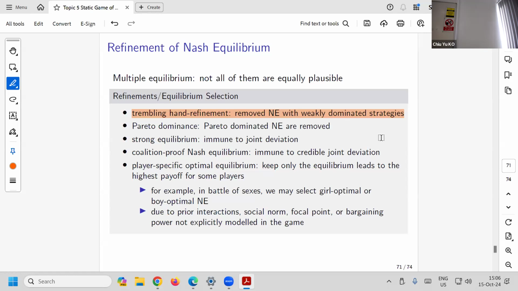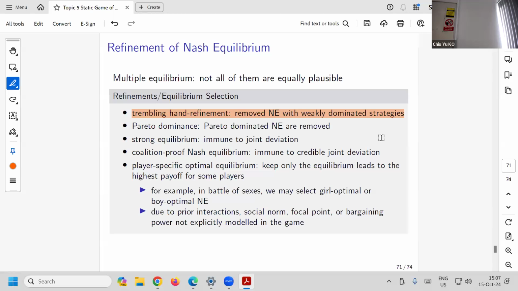If we allow them to sign a binding contract, that is called strong equilibrium: any subset of players can deviate together. As long as they can write a contract which is enforceable, that will be the appropriate solution concept.